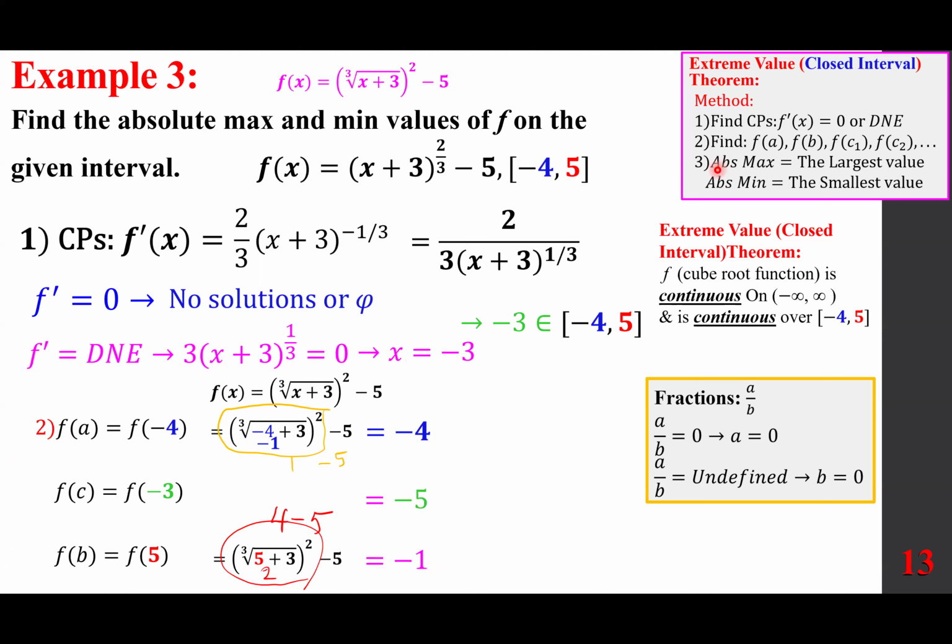Absolute max is the largest value. So absolute max is -1 at this pair. Absolute min is the smallest value. The smallest value is -5 at this pair. And we write absolute maximum is -1 at (5, -1). Absolute minimum is -5 at (-3, -5).